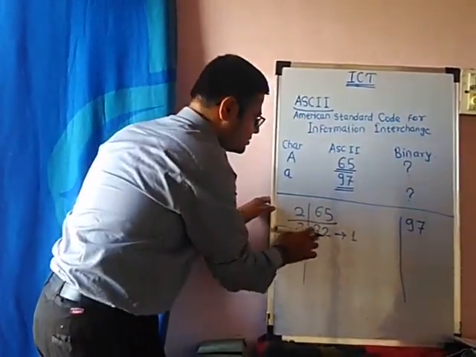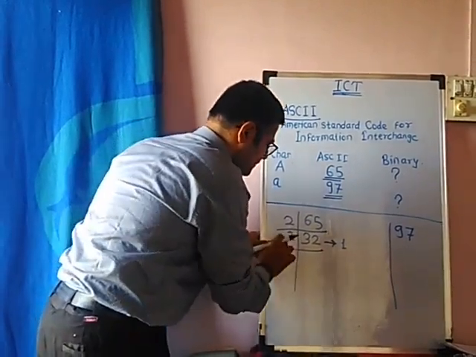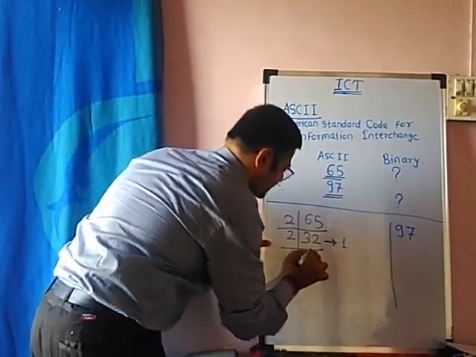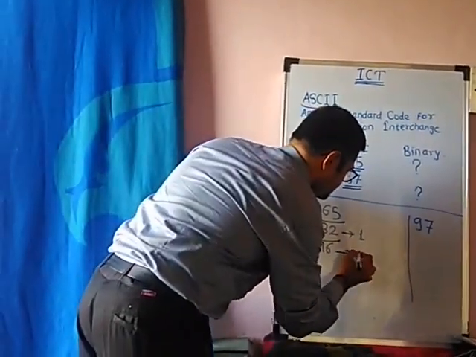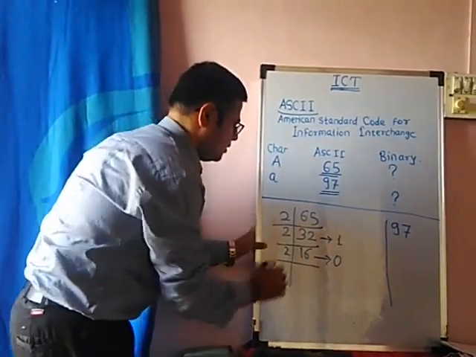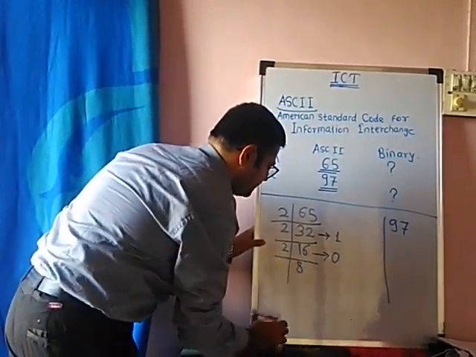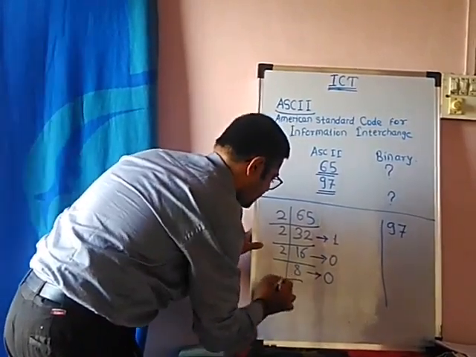Again, divide this number 32 by 2. What will be the answer? 16. Okay, 16 2s are 32. Remainder is 0. 16 divided by 2. Answer is what? 8. Division is 8 and remainder is 0 again.